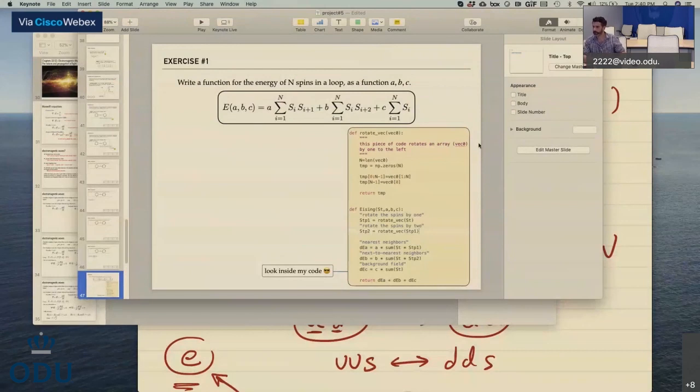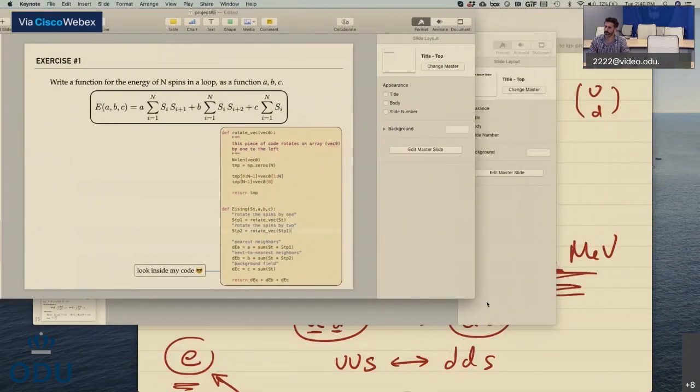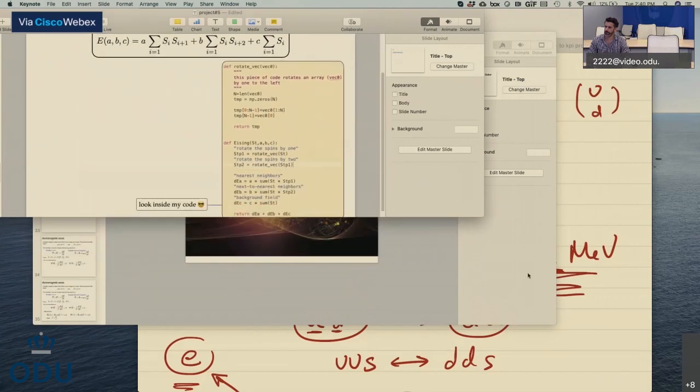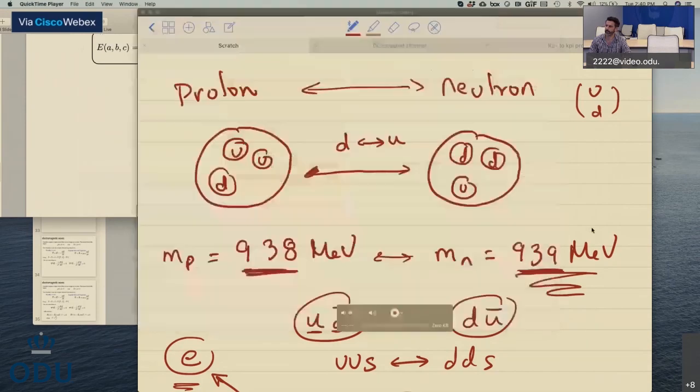So let me try to put this next to my code. The reason I'm showing you this part first is because if you understand this part, then the second part just becomes quite easy.